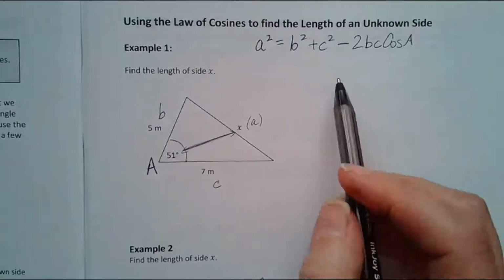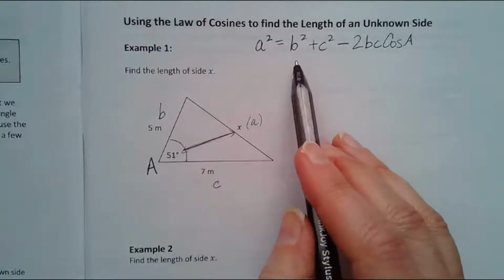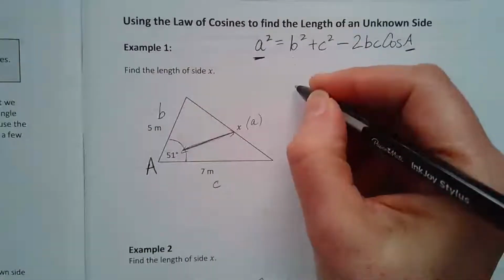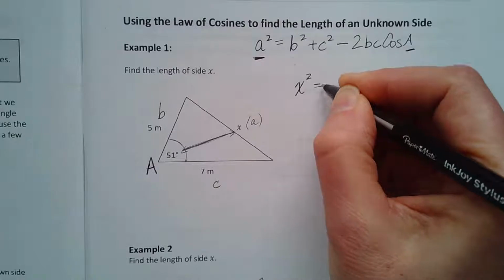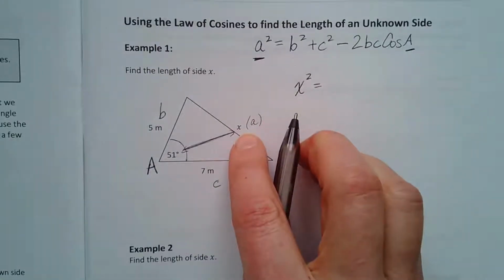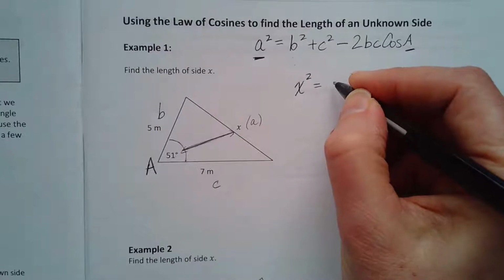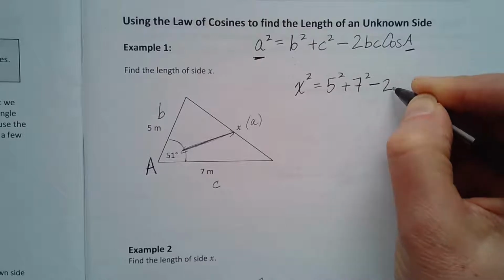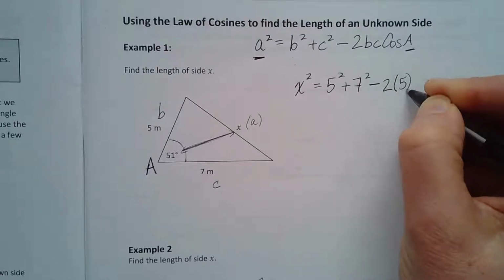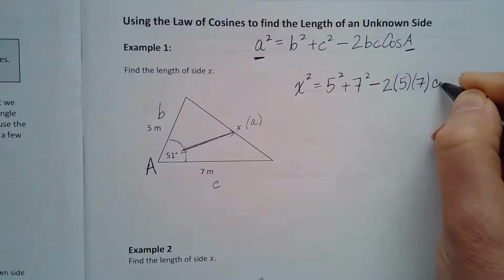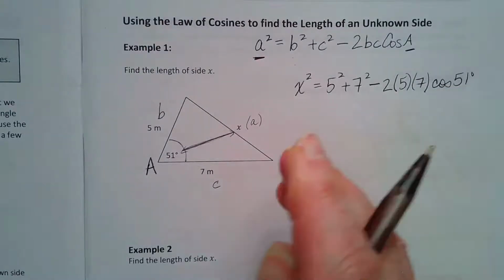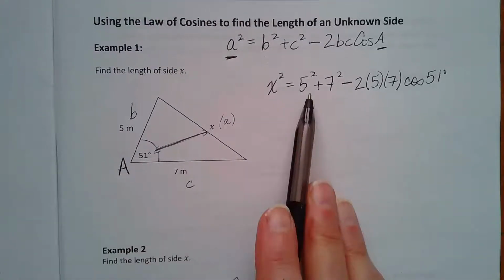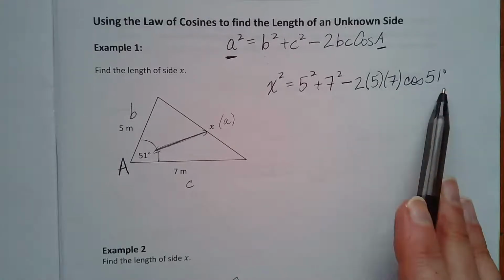So all they're getting you to do is take the two sides given, square them. As long as I have this established, it's very easy. I'm just going to call this x because that's what I'm being told to use in the question. So x squared will equal 5 squared plus 7 squared minus 2 times 5 times 7 times cos of the angle given.